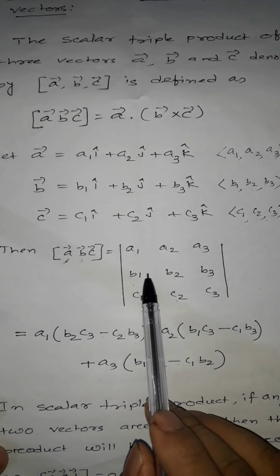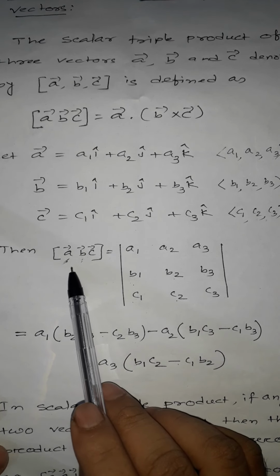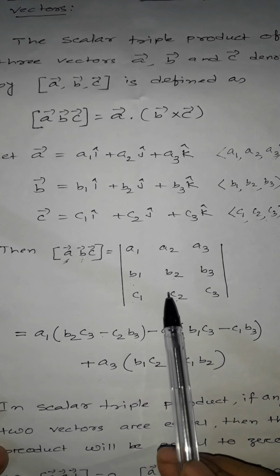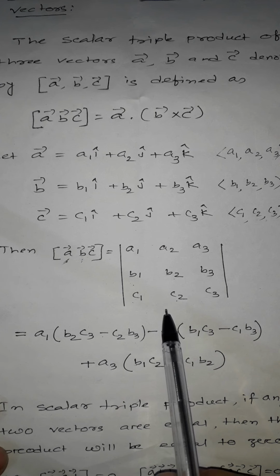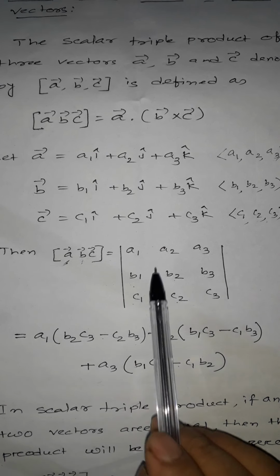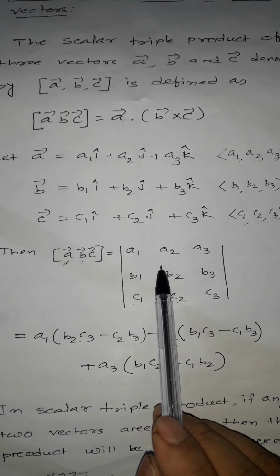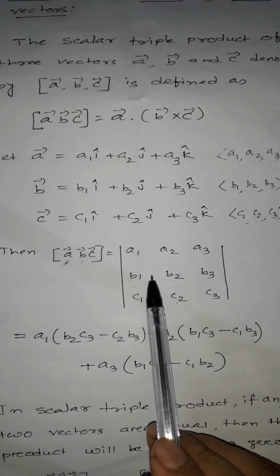The second row also will be A1, A2, A3 if both are vector A. So in this case, the value of the determinant will be 0, because according to the property of determinants, if two rows or columns of a determinant are identical, then the value of the determinant is 0.